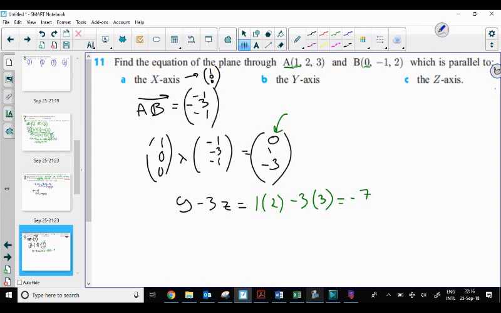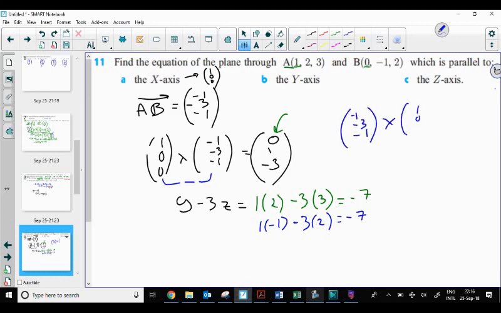What would happen if I chose point B instead? Well, then I'll still have 0 for the first number, and then I'll have 1 times negative 1 minus 3 times 2. Guess what? Still equal to negative 7. So it doesn't matter which point you choose. And I said earlier that it doesn't matter what order we do that in. That's because had I reversed the two of them, my normal vector would have just been the opposite sign, right?